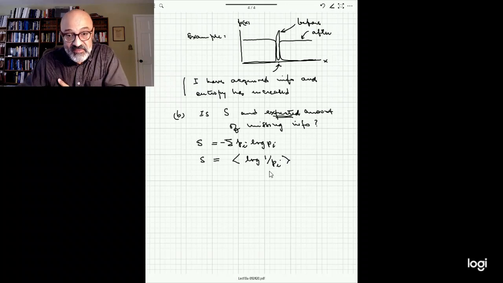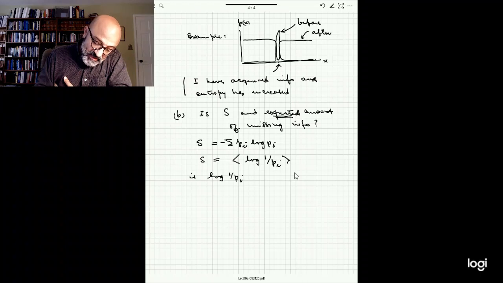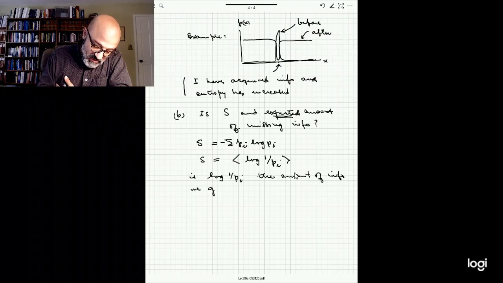So if the entropy is an expected amount of something, is log 1 over p_i the amount of info we gain when we find I is true?